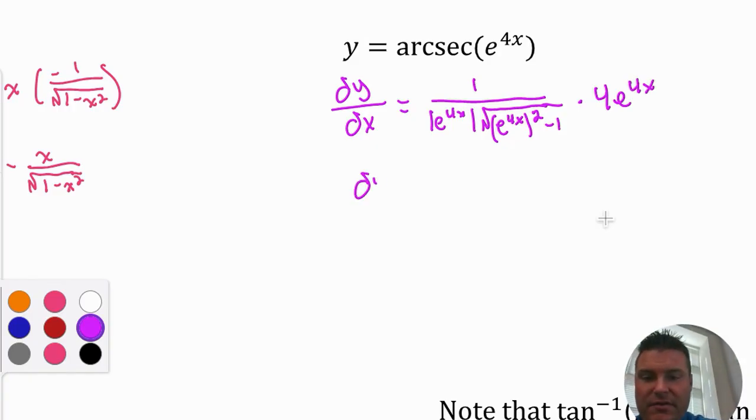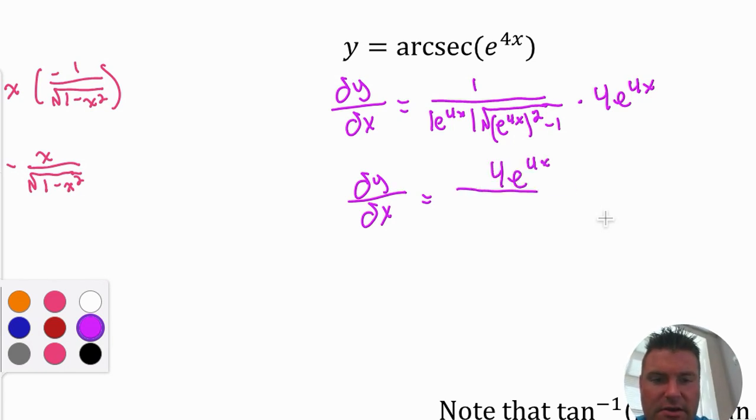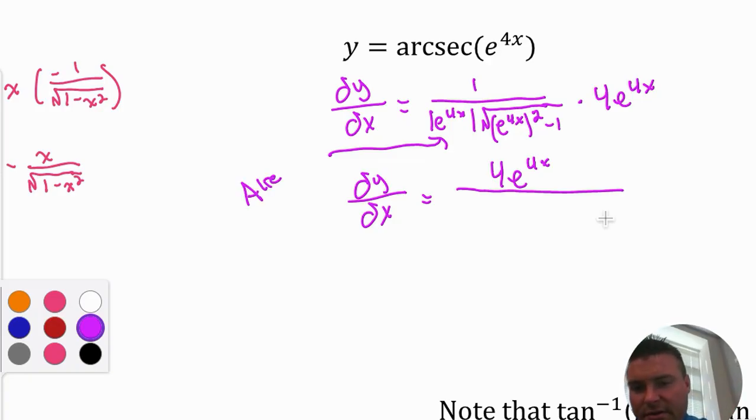Now if I rewrite this a little bit more, this one does clean up just a bit, and I would worry about the cleanup part just because it's multiple choice. This is going to be 4e to the 4x all over the absolute value of e to the 4x, which is already positive.